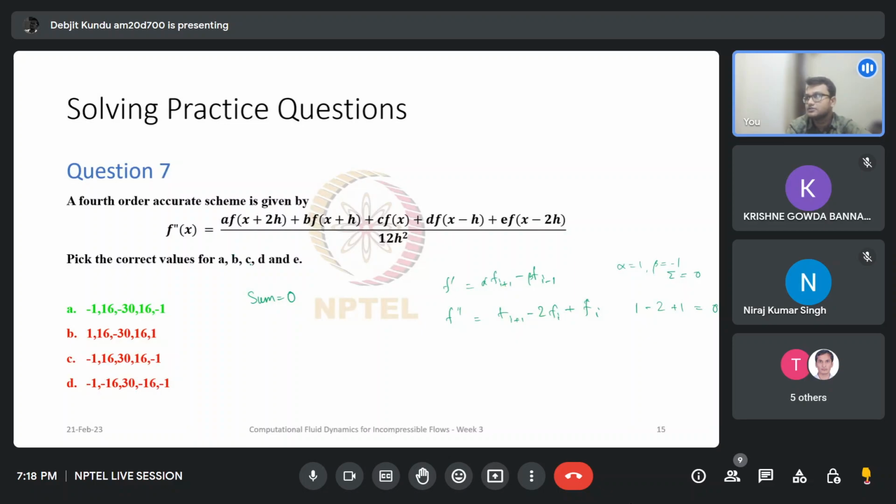So here also we are expecting that a plus b plus c plus d plus e, the sum, has to be 0. Among these different options, only option A seems to satisfy that criteria. The other ones don't. So this is how we can say that option A seems to be the valid combination for this problem.